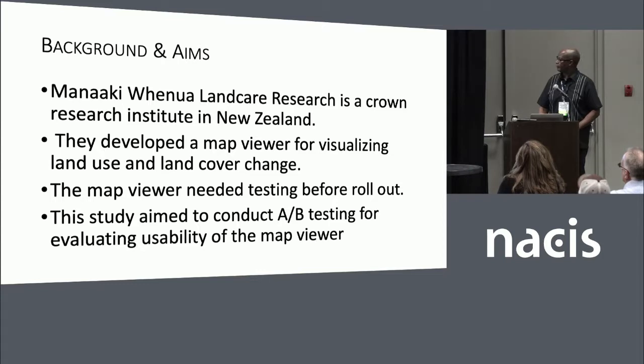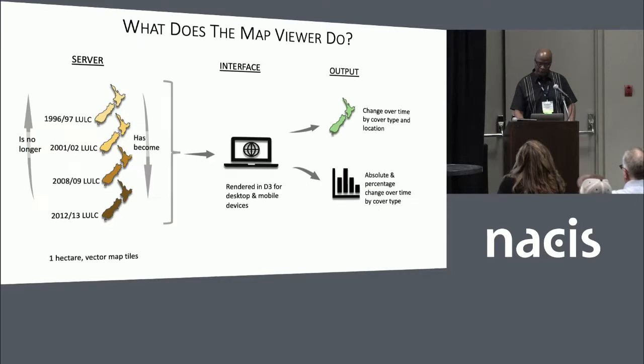And so they developed this web map viewer for visualizing this change in terms of cover and usage. However, at the time, they were pressed to roll it out, but they hadn't fully tested it. So my work was to see whether this application was usable.